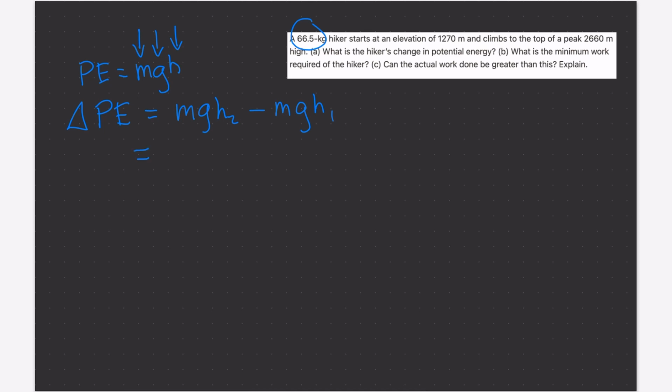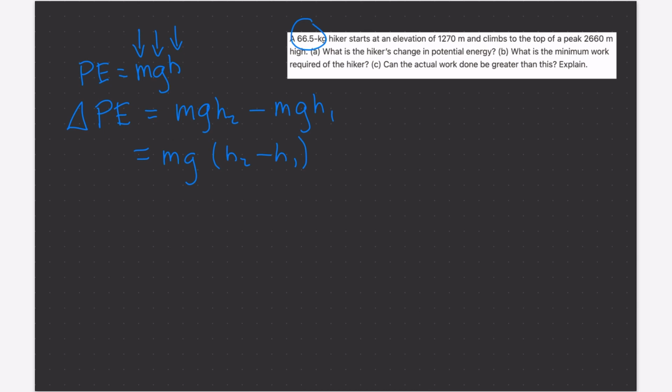All right, from here we can just start plugging stuff in. Okay, we know that m and g are going to be the same for both of them, so I'm actually going to take those out and do a little bit of algebra really quickly. So that's going to look like mg times h2 minus h1, and that's just so I don't have to do as many calculations. All right, so then I'm going to do mg, so that's 66.5 times 9.8.